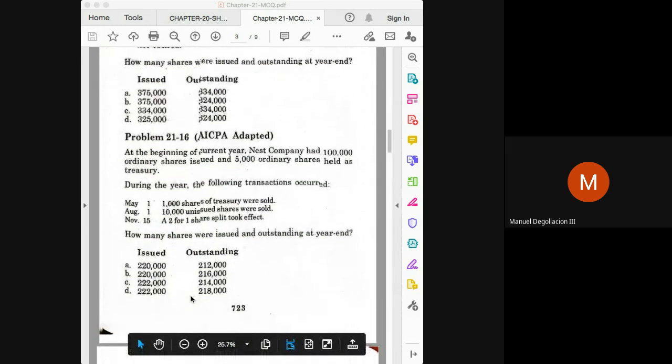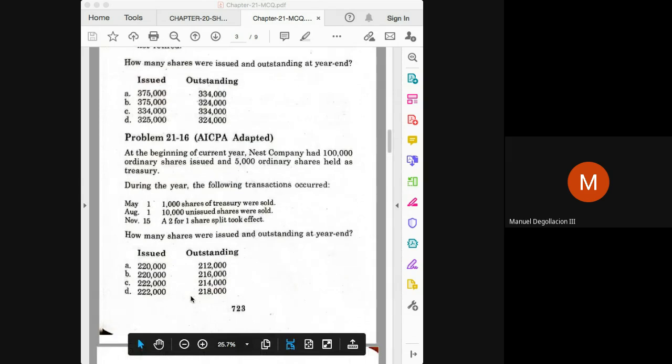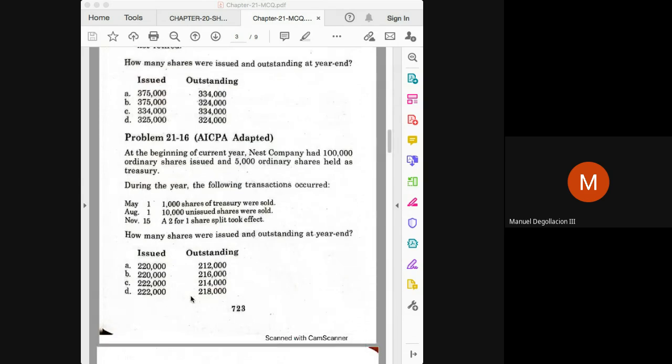Problem 21-16. The question here is how many shares were issued and outstanding. So same question. At the beginning of the current year, Nest Company had 100,000 ordinary shares issued and 5,000 ordinary shares held as treasury. During the year, the following transactions occurred. 1,000 shares of treasury were sold, meaning we have reissued these items.